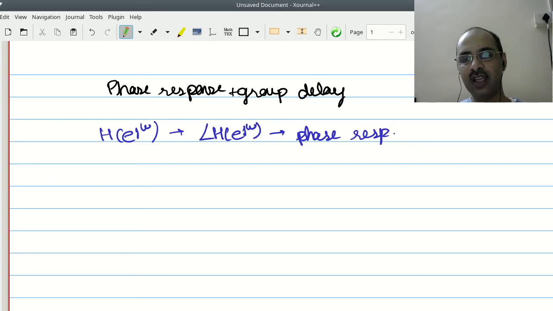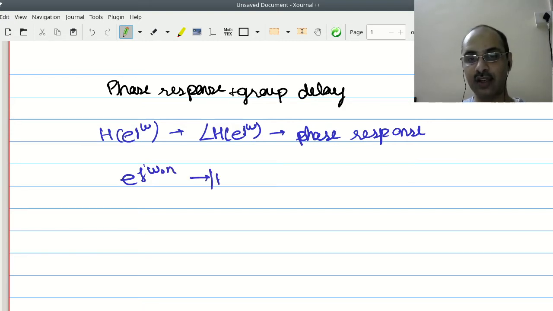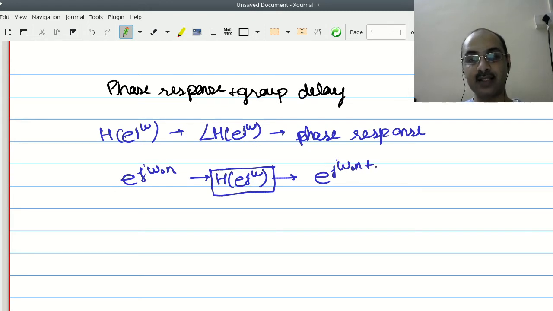Now, it is very easy to understand what the phase response means in terms of our favorite ingredient, the complex exponential. Whenever you send a complex exponential through an LTI system whose DTFT, if it exists, is H(e^{jω}), then the resulting output is going to be the same e^{jω0 n} plus an angle, which is exactly the angle of H(e^{jω0}), of course multiplied by the magnitude |H(e^{jω0})|, that is the scaling.